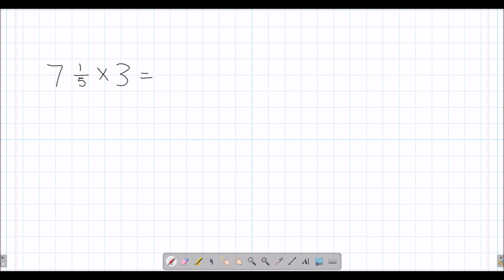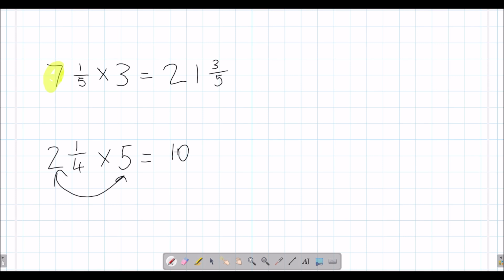Now you get to something that looks like this. And multiplication is actually quite easy. You can just take the whole number and multiply that by 3. And that would give me 21. Then 1/5 times 3 is 1/5 and 1/5 and 1/5, 3/5. So if I did something similar, 2 1/4 multiplied by 5, now 2 times 5 gives me 10, and 1/4 times 5 gives me 5/4.